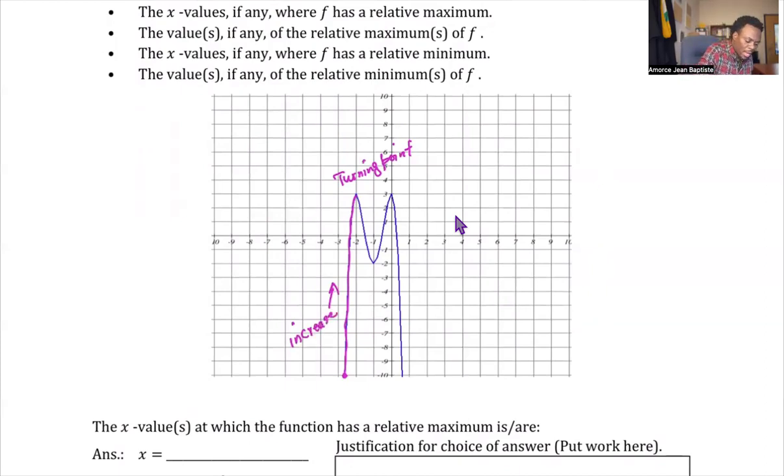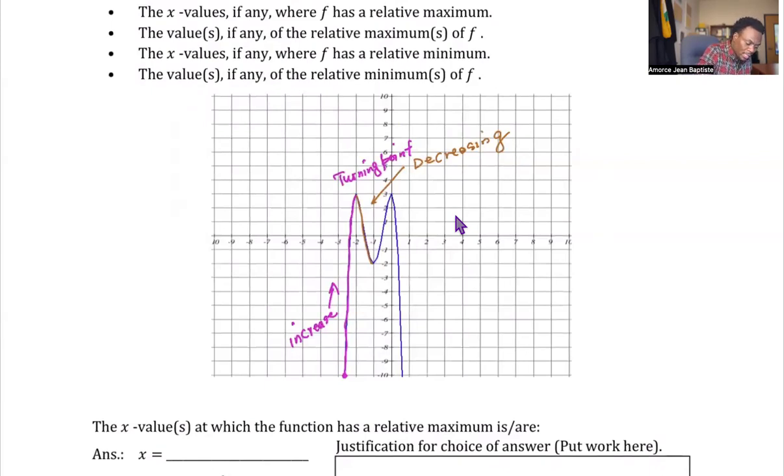Now, when you look at this part here, going down, going down, going down, we decreased. So that is decreasing. And then we can continue to see more.